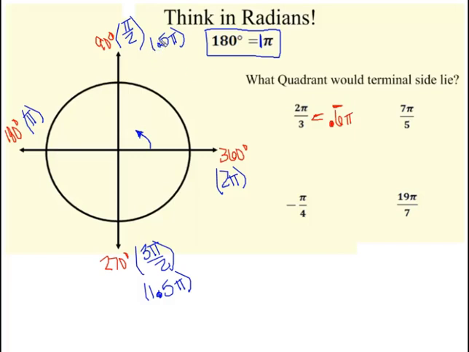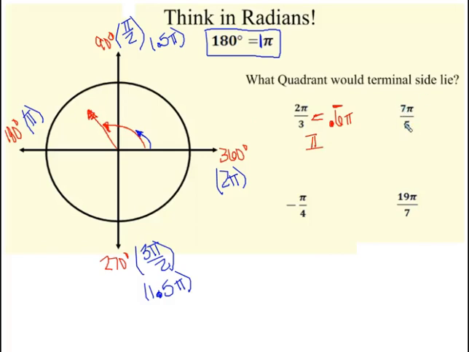Right here, the 90-degree angle would be 0.5, but 0.66 repeating is a little bit further than that, and 0.6 repeating is not quite 1. So it would land somewhere in here. It looks like it would be in quadrant 2.